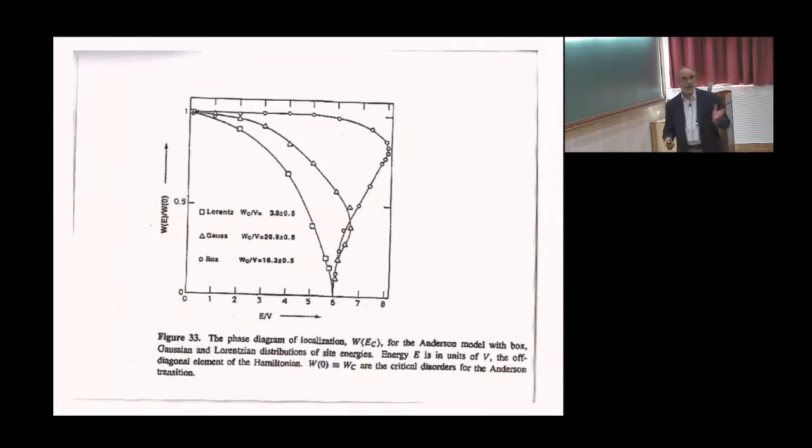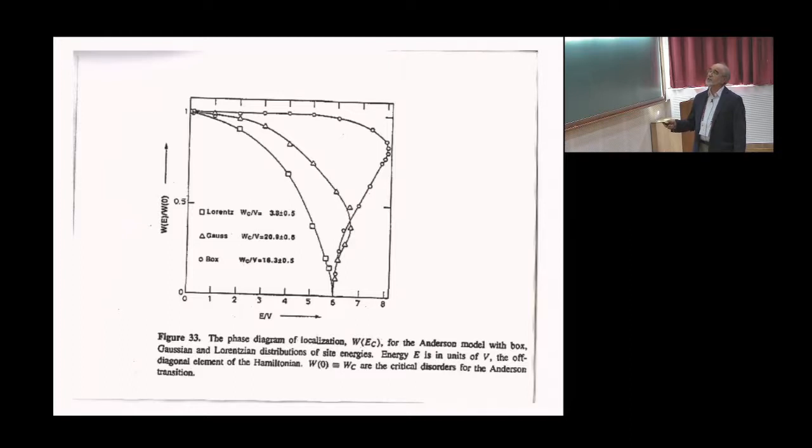There's been a lot of numerical work on this. This is data from McKinnon and Kramer's review article, also a few decades ago, where they plotted the disorder on this axis and the energy on this axis. This number 6 is basically the undisordered lattice, and these are all extended states, and they persist for some disorder.